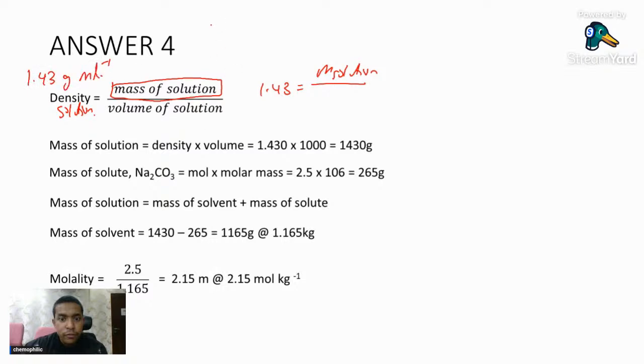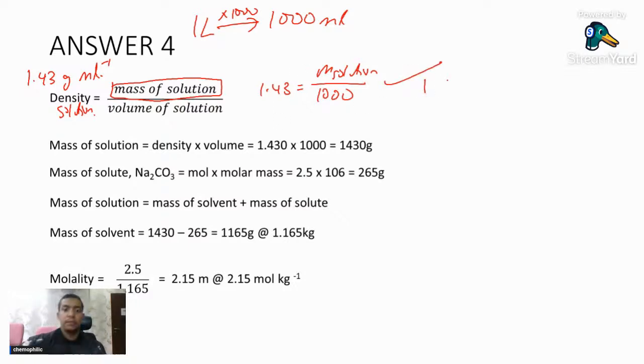But we got the assumption of 1 liter, right? So 1 liter we need to convert into mL. That's why we need to multiply by 1000. When you substitute this, you already get another mark. And then you get the value for density, 1.43 times 1000. This is also another mark.